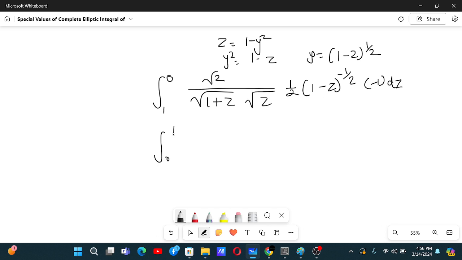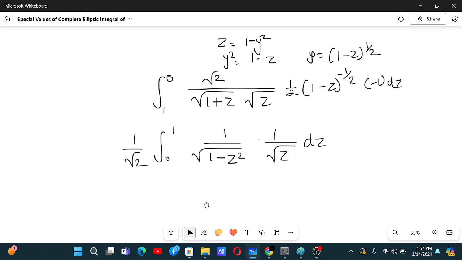integral from 0 to 1, and over here it's root 2 by 1 by 2, so that's 1 by root 2, and over here we have root of 1 plus g, we have 1 minus g to the power minus 1 by 2. So this multiplies to give 1 by root under 1 minus g square, and then 1 by root g dg. That's fine.